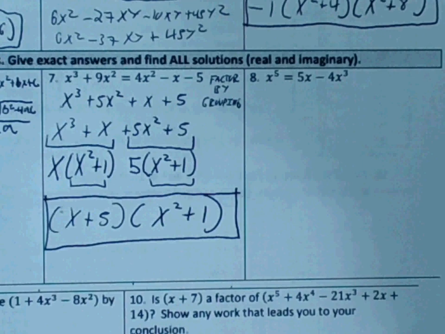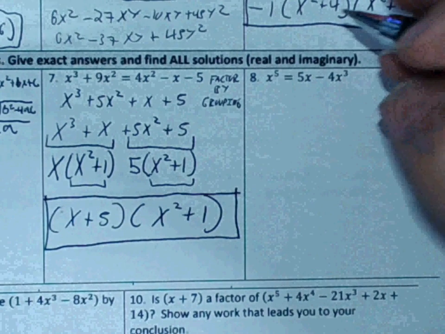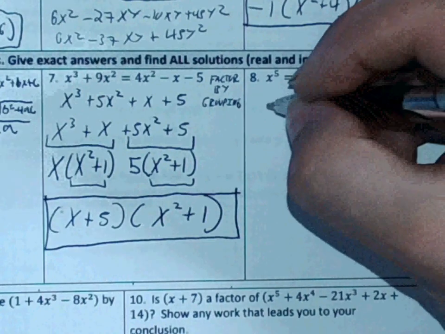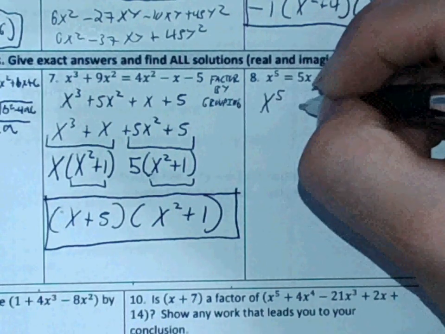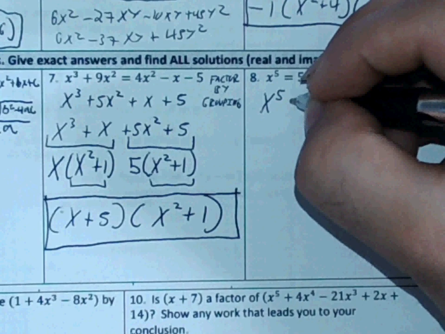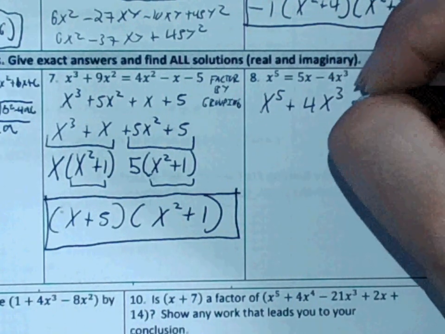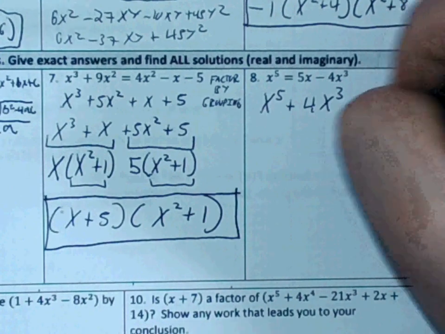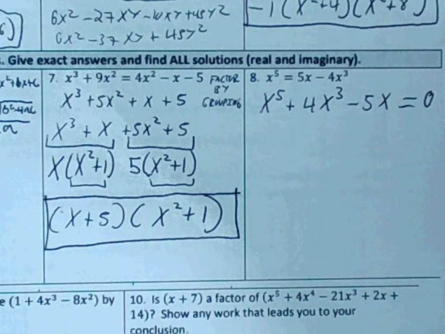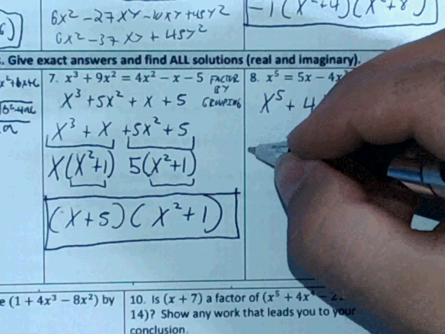So number 8, x to the 5th is equal to 5x minus 4x cubed. So once again, rewrite this with everything on one side. X to the 5th plus 4x cubed minus 5x is equal to 0. So I'm going to factor out an x because I can.